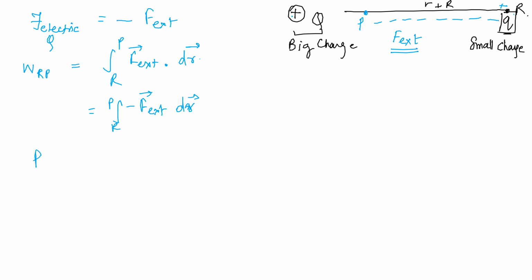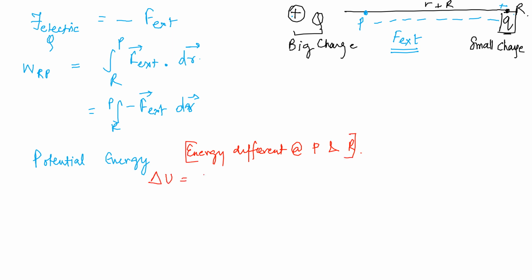Now the potential energy is given as the energy difference at P and R. So delta U equals U_P minus U_R, which will give us W_RP. So what is the difference?